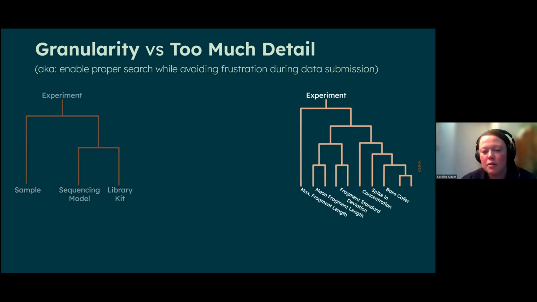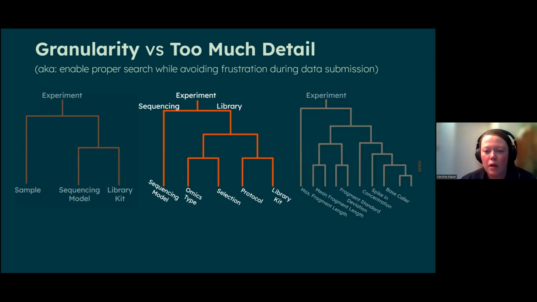On the other side, if we are too detailed, then a lot of the information might not add any real value for a data reuser, and maybe some of the properties can be recalculated by a data reuser. So we had to find the golden way in between these extremes.